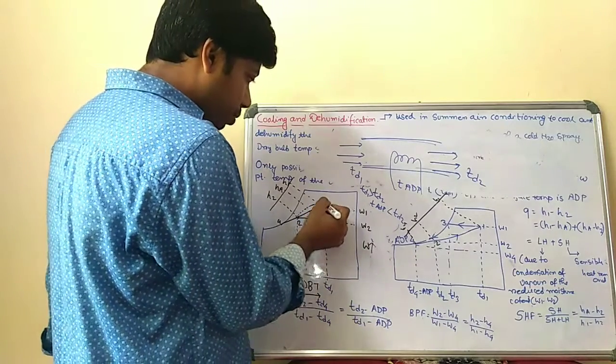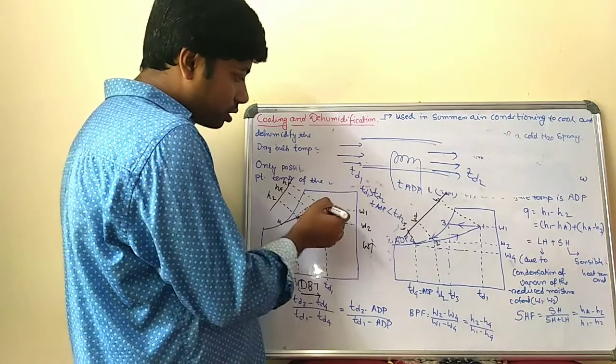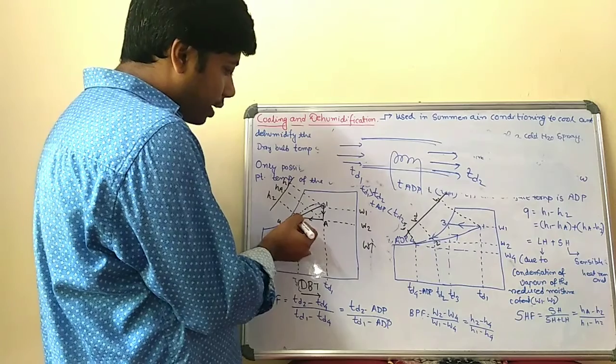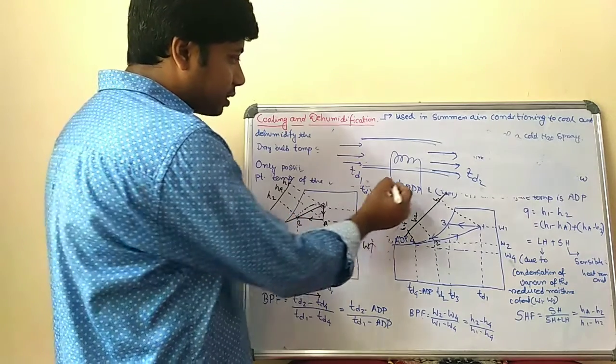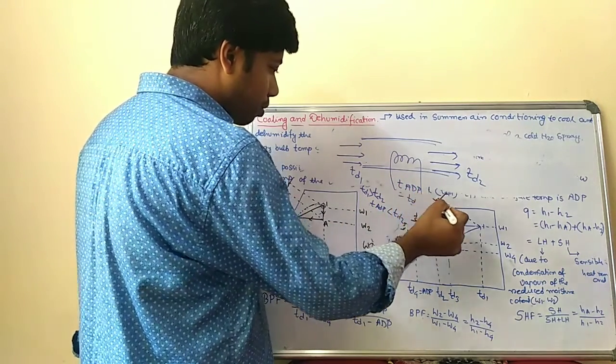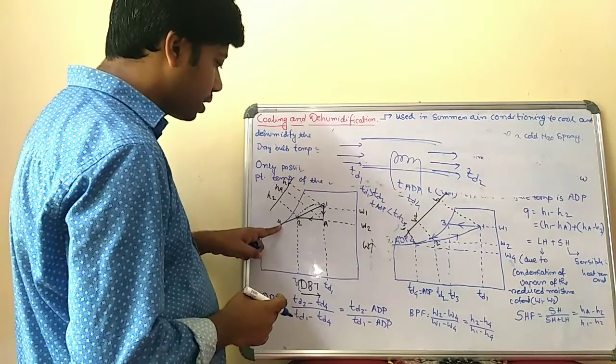If you go through this process, you can do this as 1 to A as well as A to 2. The apparatus dew point temperature is basically TD4. So this is the TD4 temperature.